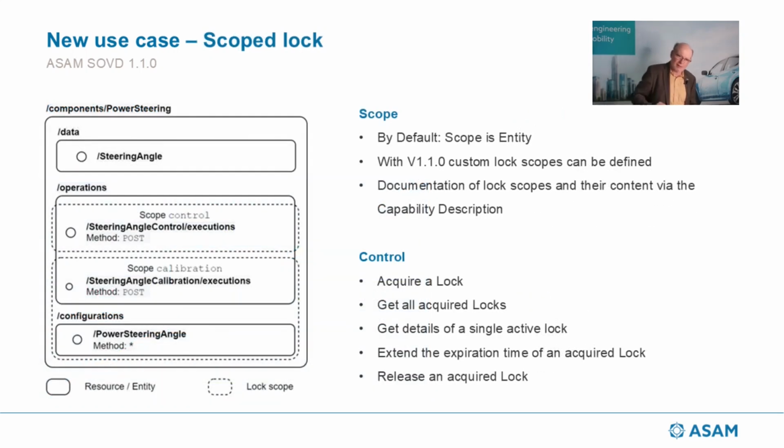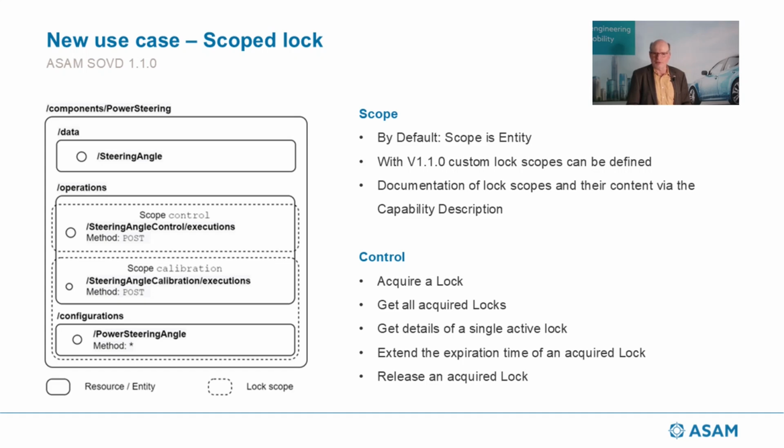Now we come back, and that's interesting. In version 1.0, we can log an entity. Maybe you remember that at operations I informed you about this logging. But logging an entity means all or nothing. And you see here that we have operations, we have data and so on.